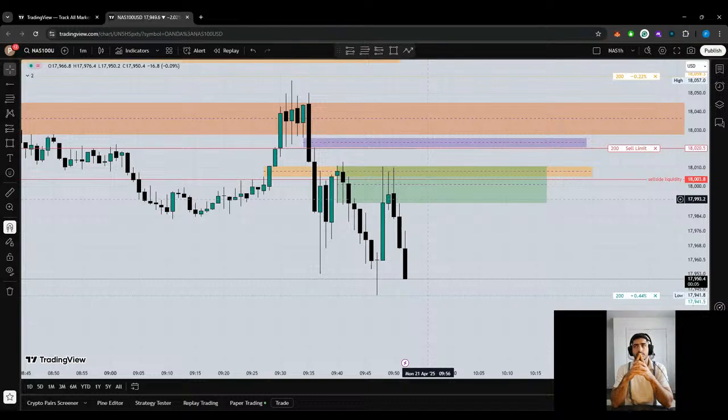Very nice. Really nice. It didn't close within that inversion and stayed below the consequent encroachment of that bearish order block.